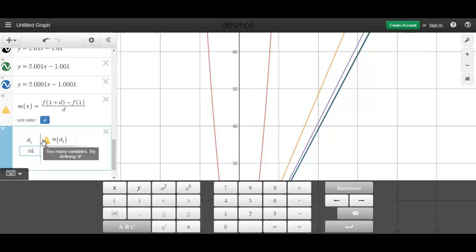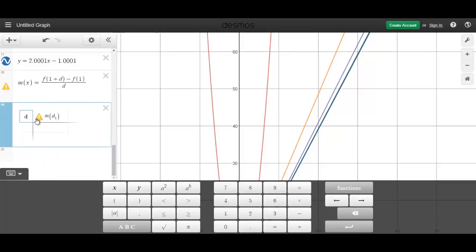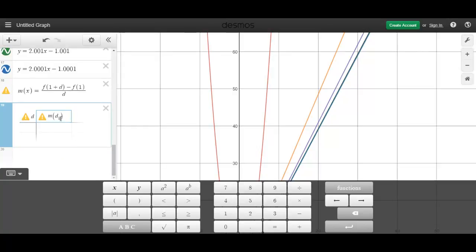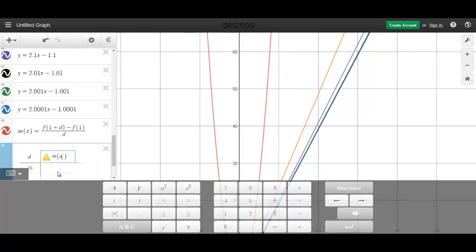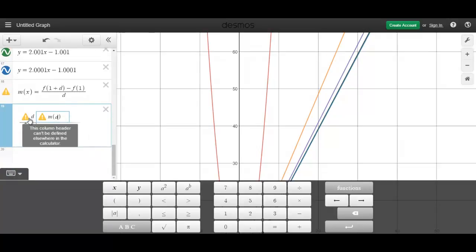Oh, too many variables. Oh, I know what the problem is here.